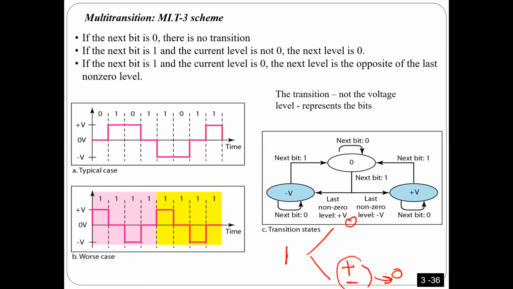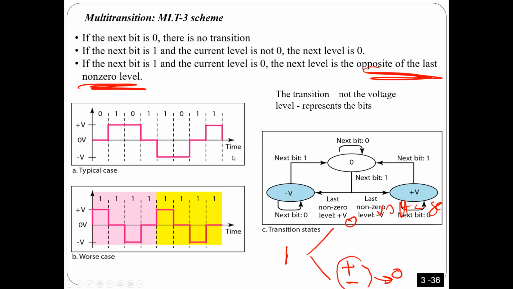So if it is 1 and the voltage is positive or negative, I'm going to bring it to 0. Now if it is 0, the voltage will be the opposite of the last non-zero level. What this means is I have to go back and see what the voltage of the last non-zero level is. If it is positive, I make it negative. If negative, I make it positive.